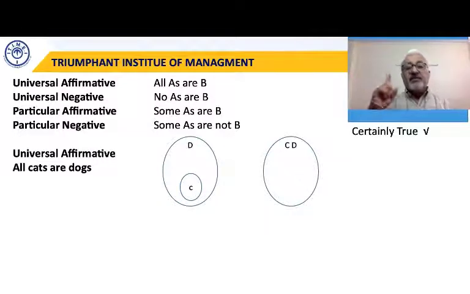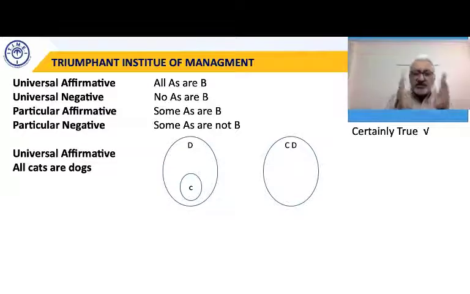Number one, we have to see that it is certainly true. Certainly true means that it is true in all respects. As I said, the first diagram is also true about all cats are dogs, and the second is also representing all cats are dogs.